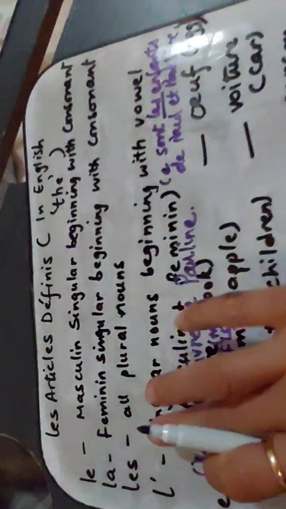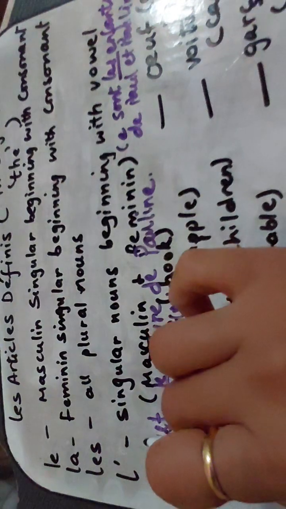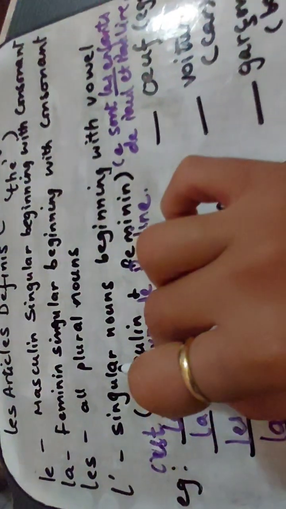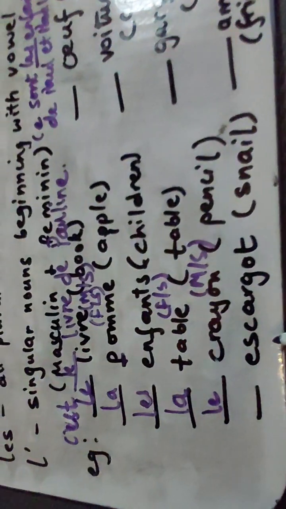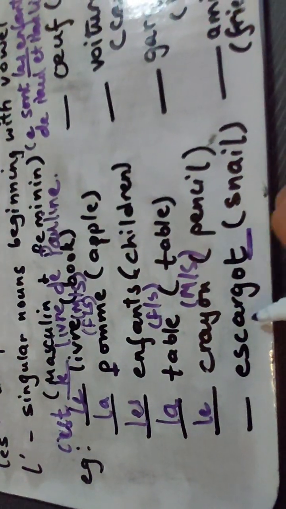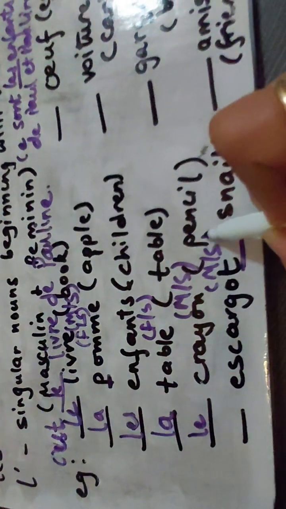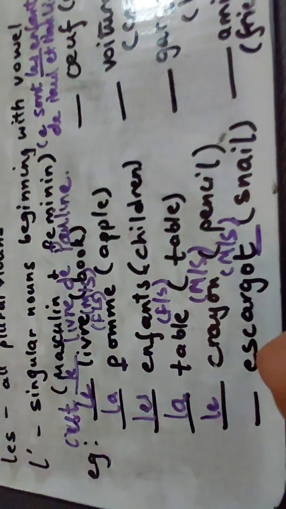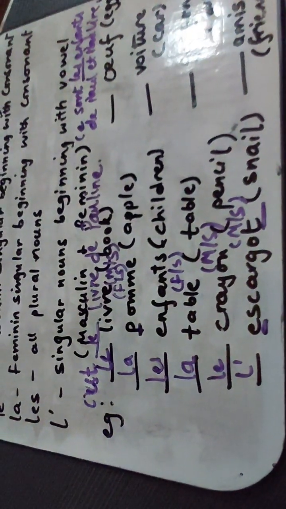Now, do you see the fourth definite article here, which is l', used for singular nouns beginning with a vowel? Do you see here escargot? Escargot means snail. It's a singular noun, masculine in gender, and it's beginning with a vowel. So we're going to write l' before that, so it's going to be l'escargot.